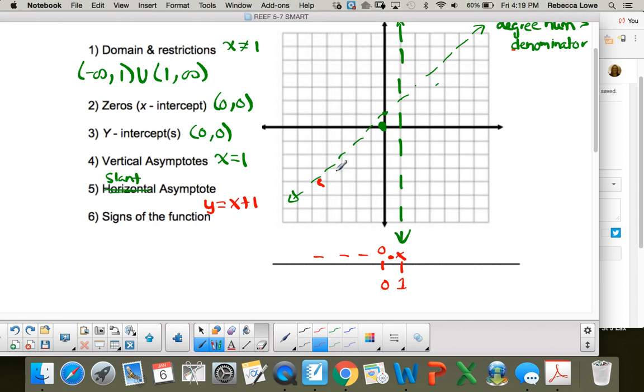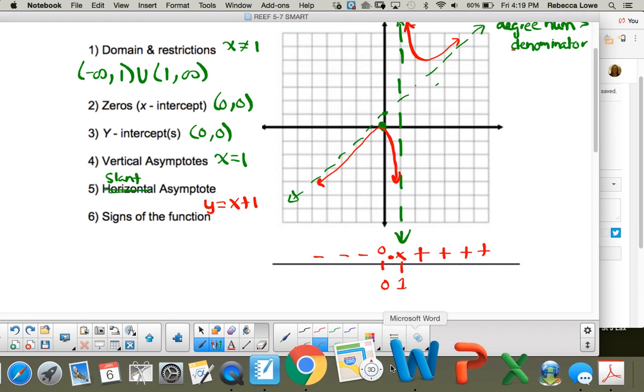So that means the function comes up, it touches, and then it comes back down, and it hugs those intercepts closer and closer. Now I need to figure out what the function looks like from 1 on, and if I pick some values, I find that it is positive, and I know that it's got to look something like this.